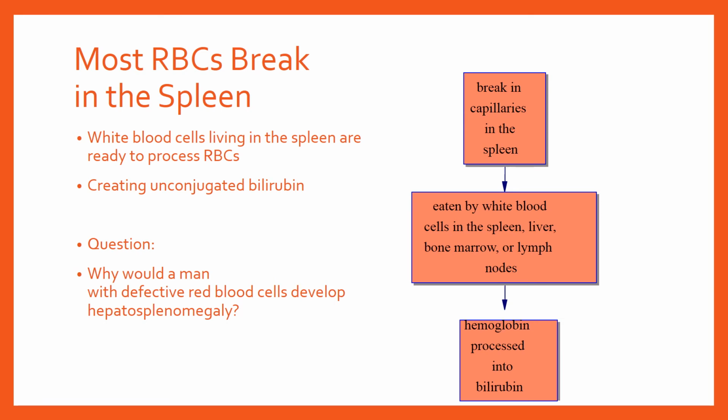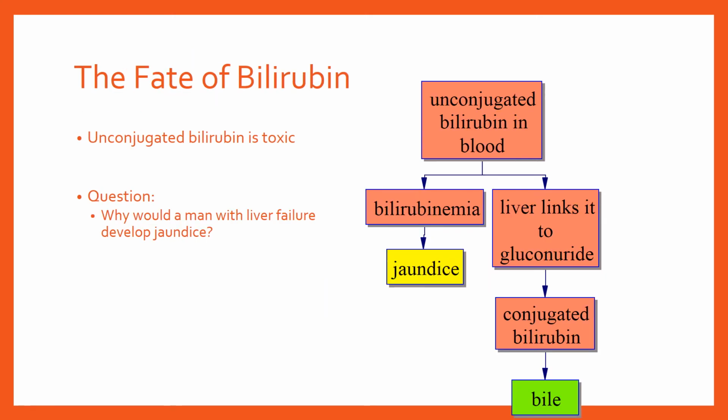Anyway, the main site of processing is the spleen, and red blood cells turn into unconjugated bilirubin, which is in turn processed by the liver, and iron is reused. Of course, we are not losing much iron through the processing of bilirubin.